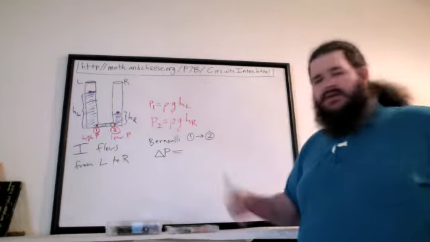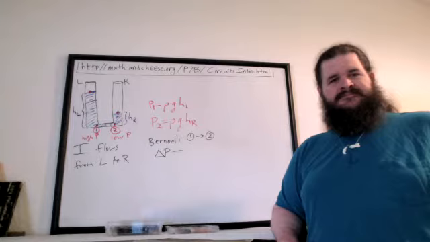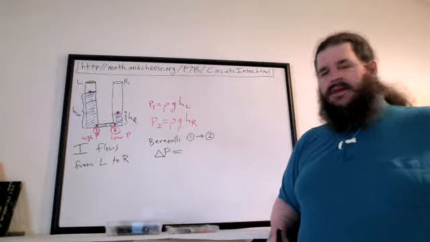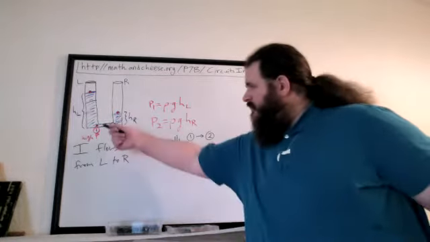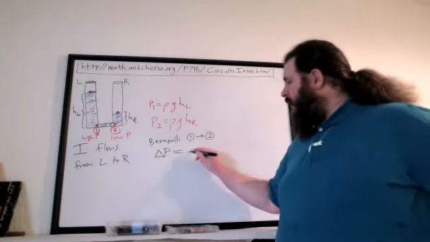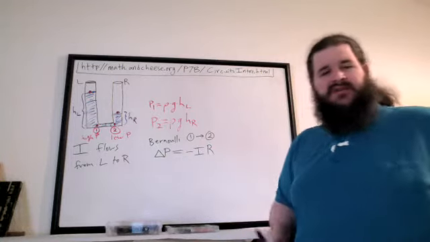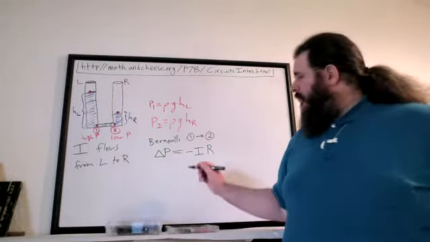Do we have anything on the other side of the equation? There's no pump, but maybe minus IR. Yeah, no pump, but we should definitely expect a long, narrow pipe to have lots of resistance. And there's certainly current flowing through it. So we have a current times resistance dissipation term.